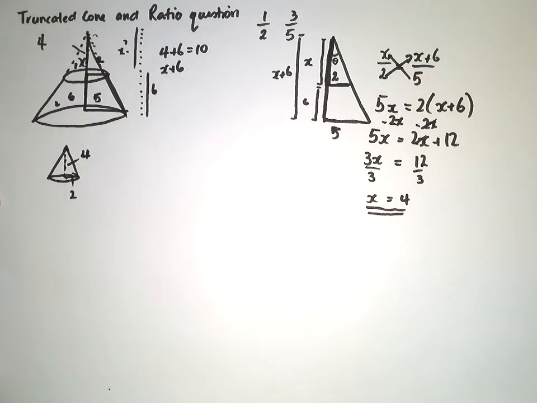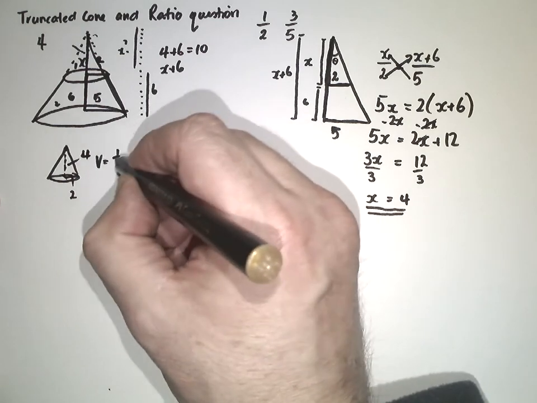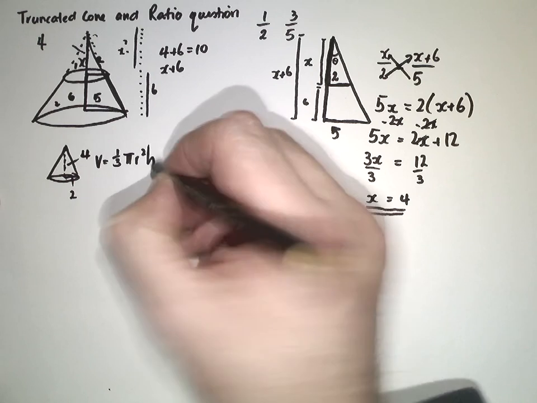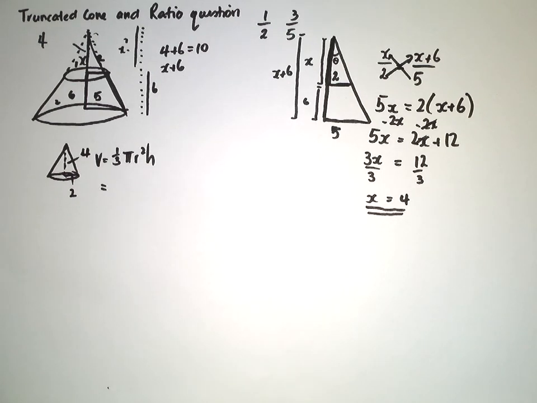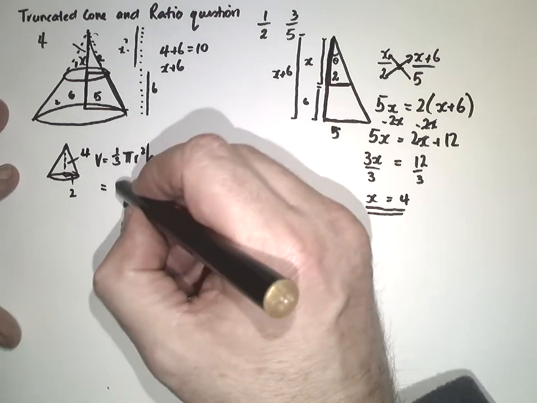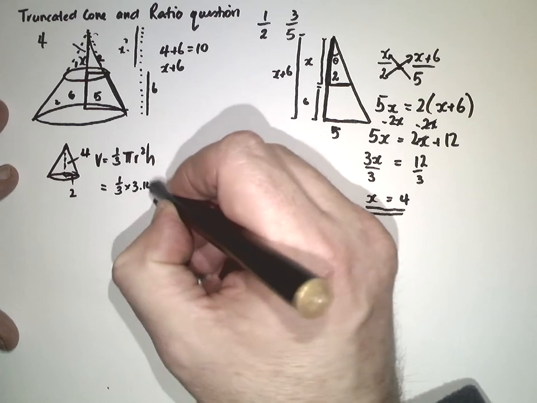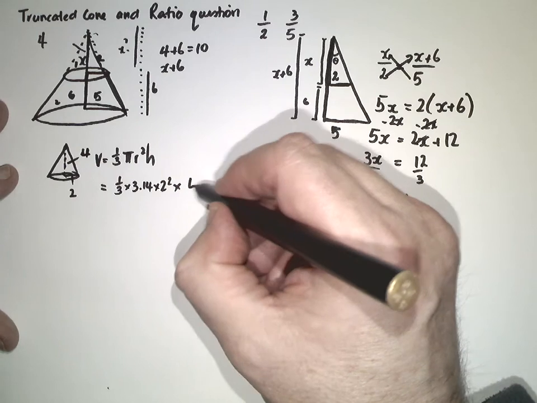If I remember my formula for a cone, the volume for a cone is a third pi r squared h. Okay, so if I grab a calculator, first off, I'll fill the values in. So I've got a third times 3.14 times 2 squared times, of course, h, which is 4.